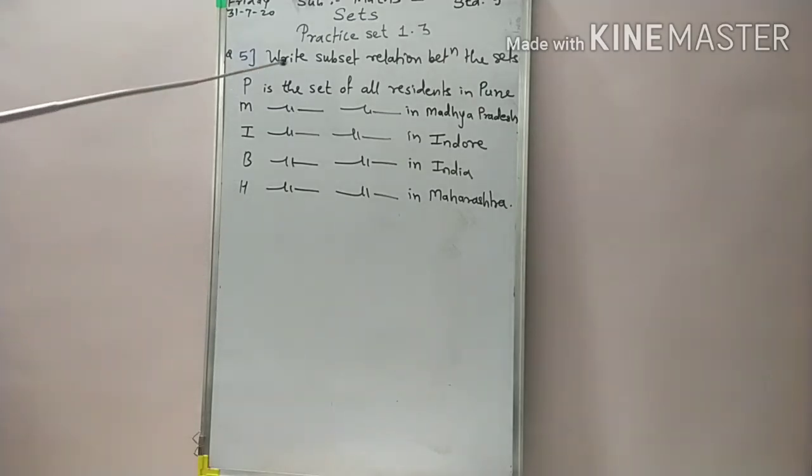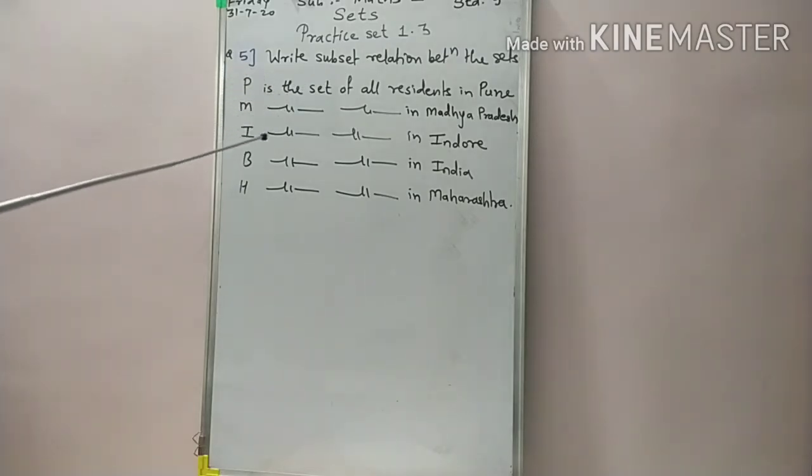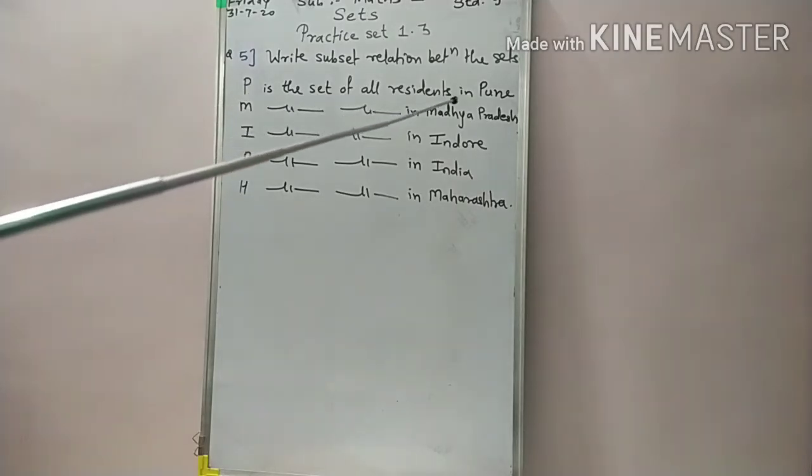To write the subset relation, we take a pair of sets and decide which set is a subset of the other. According to these 5 sets, we start with the first set P. P is the set of all residents in Pune.